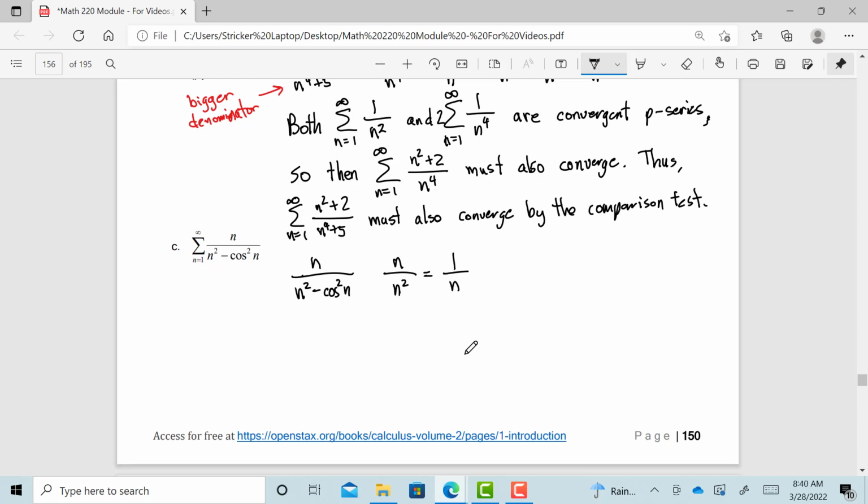And if you take the sum of that, what series do we have? The series, sum from n equals 1 to infinity of 1 over n, that is the harmonic series. And the harmonic series we know diverges.